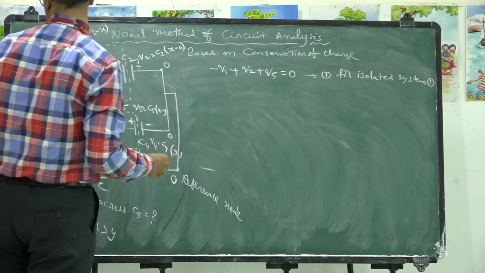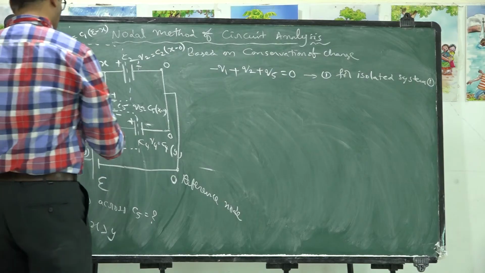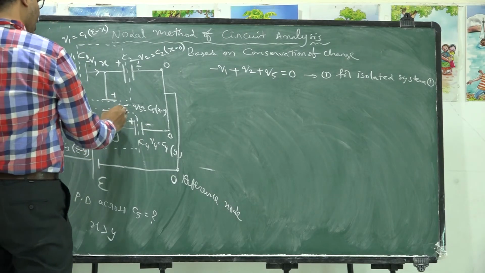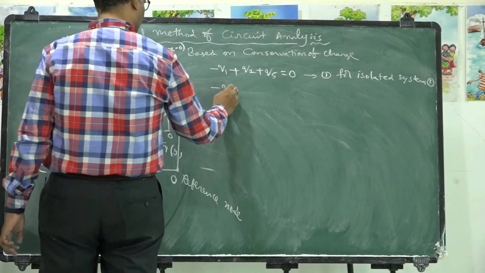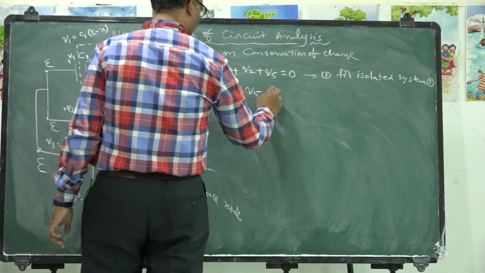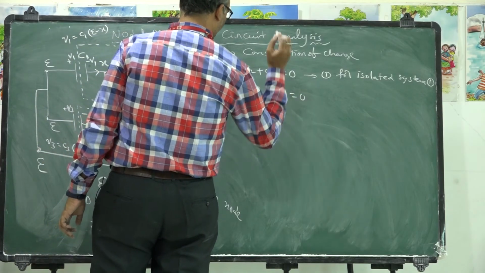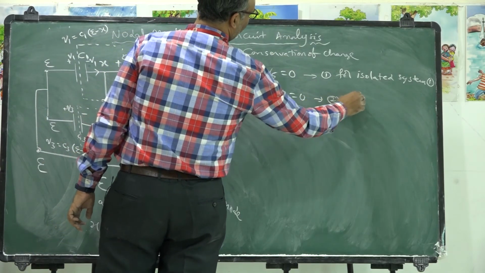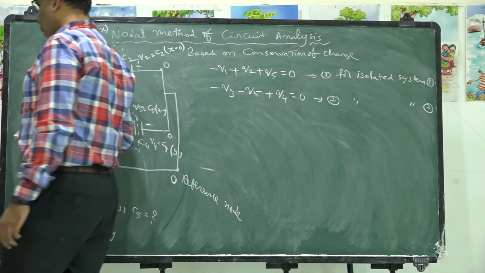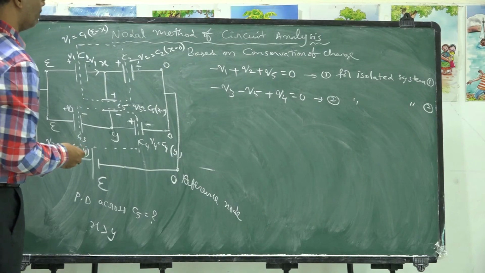Similarly, for isolated system 2, here charge is minus q3, here charge is minus q5, here charge is plus q4, that is equal to 0. Equation number 2 for isolated system 2. By solving these equations, you will get the result.